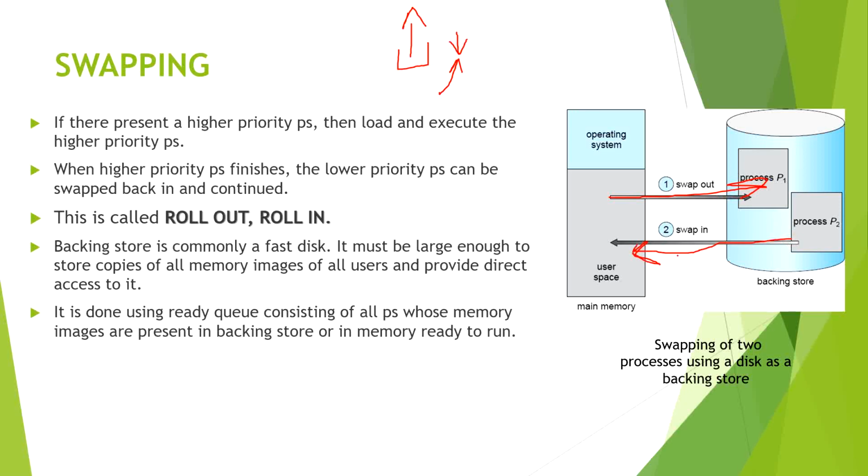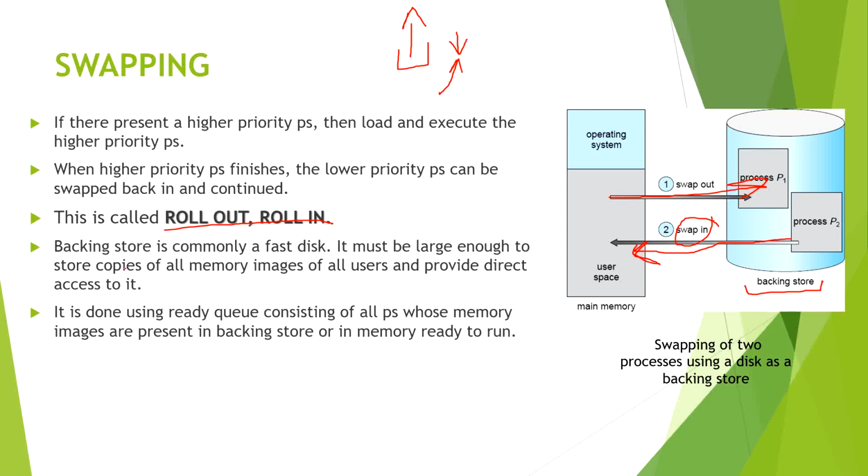As you can see, the backing store is very large; we can call it secondary memory storage. The first function is swap out, meaning the lower priority process goes to the backing store, and the higher priority process comes, swapping in, to the main memory from the backing store. This is known as roll out, roll in.